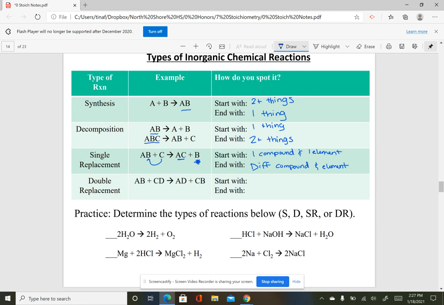The thing that gets kicked out of the compound ends up alone. Where in double replacement, so here I have D and B switching places, but they both end up in another compound at the end. So nothing ends up alone. So I start with two compounds and I end with two different compounds.